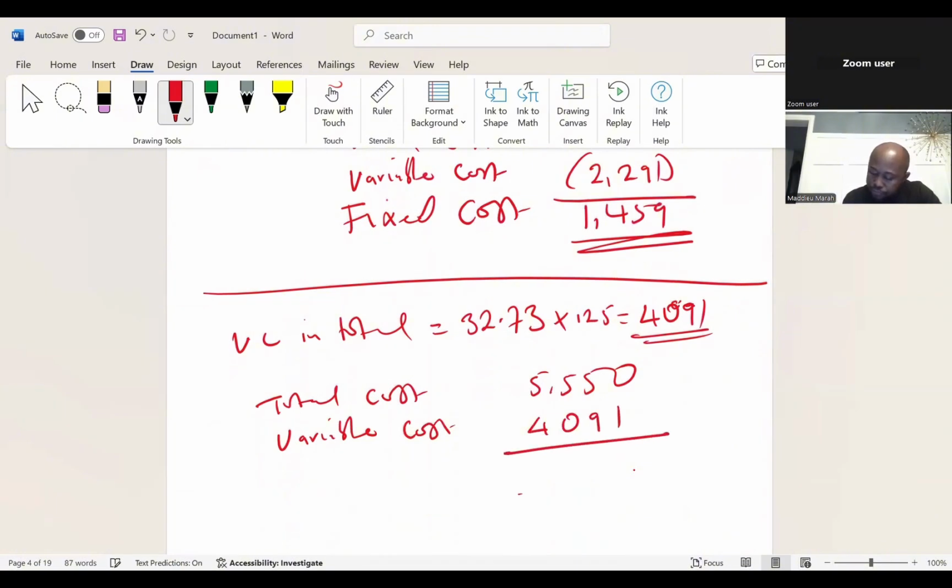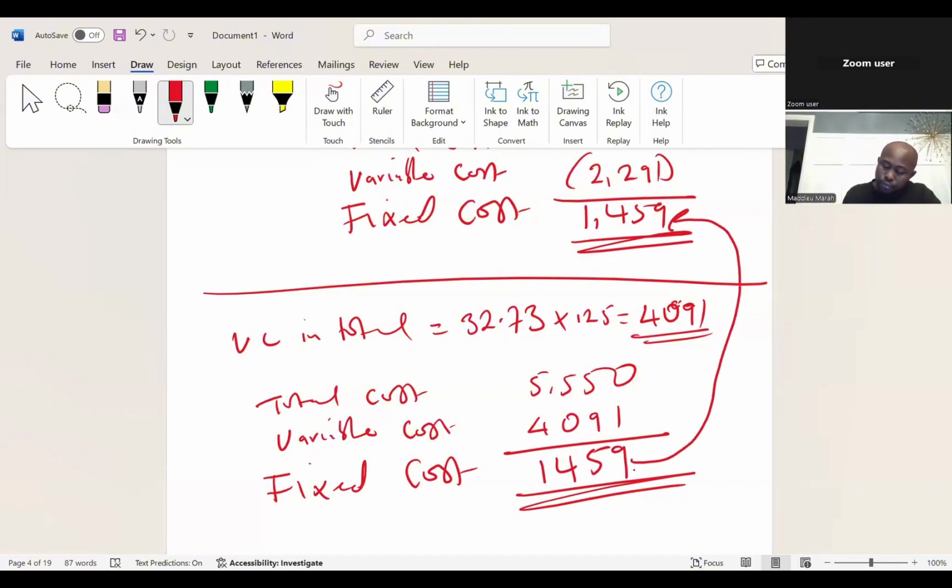And therefore, my fixed cost is supposed to be 5,550 minus 4091, which is 1459. So see the same answer. Whichever method you use, you have the same answer in separating your fixed cost from variable cost. Okay. I hope these two questions make sense to you.